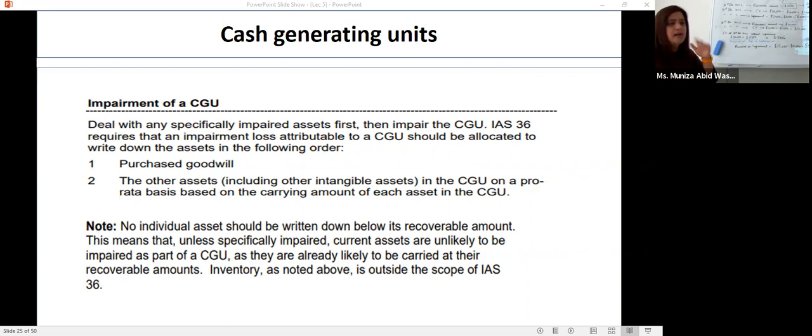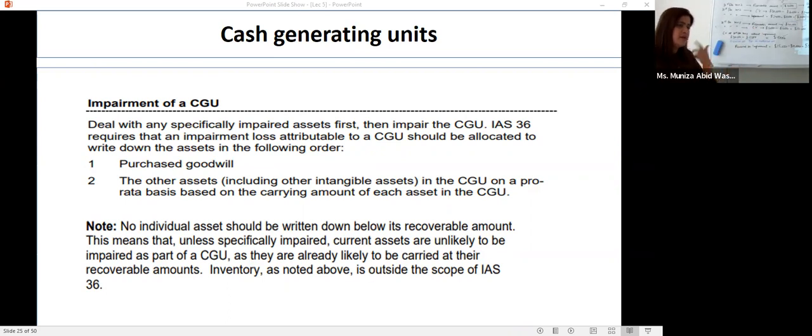Those current assets are not going to be impaired specifically, because current assets are normally out of the scope of IAS 36. Under IAS 2, or in the other standards we will see, if it's cash or anything, we are not going to set the impairment loss against those assets. So those are going to be excluded, as they are already likely to be carried at their recoverable amounts.